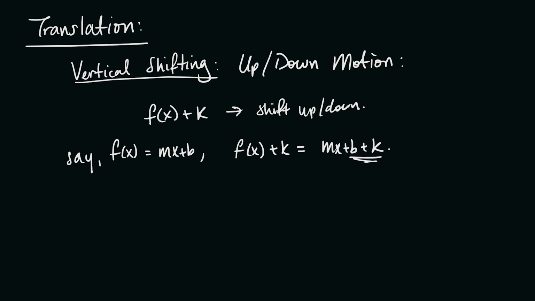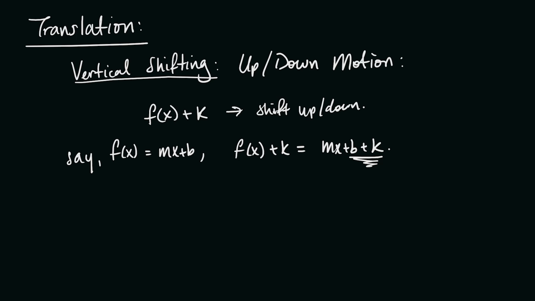Now, these two, remember, those are numbers, like integers or random numbers that we have here. And when we add those together, it forms a new y-intercept. So that's how we know if a graph is shifting up or down.